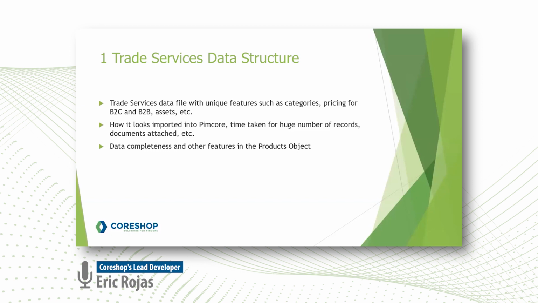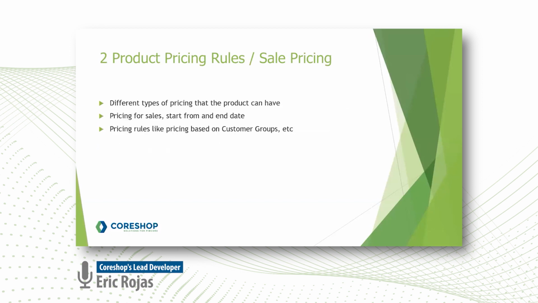We also mentioned that we can have different prices for the different stores that we may have in PIMCore. We also mentioned that there are some rules that we can apply to this pricing, such as customer groups, such as sales that will start on any given date and end on any other particular date. For example, Thanksgiving specials or Christmas specials as well.